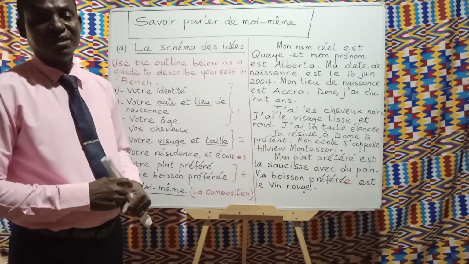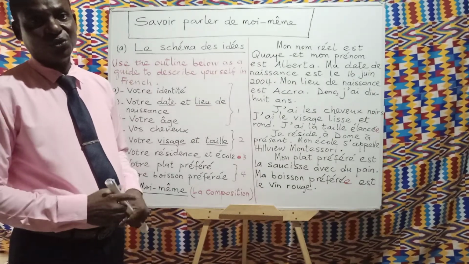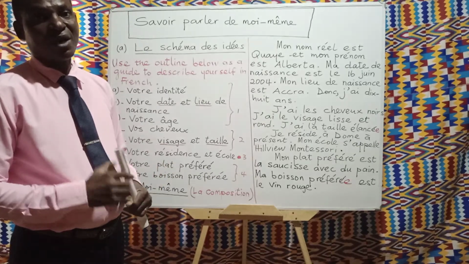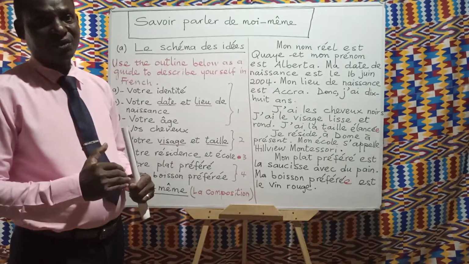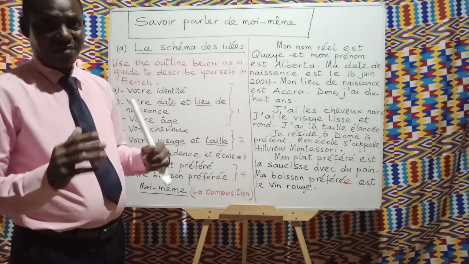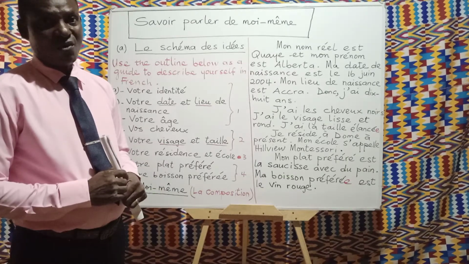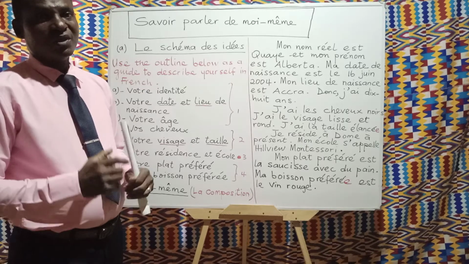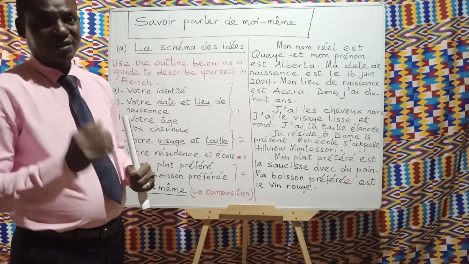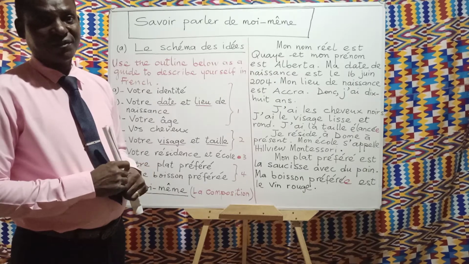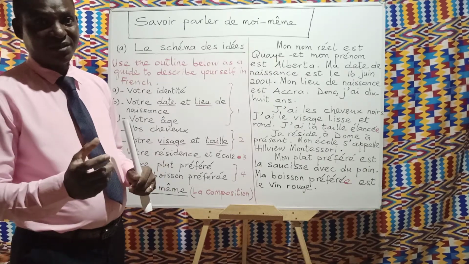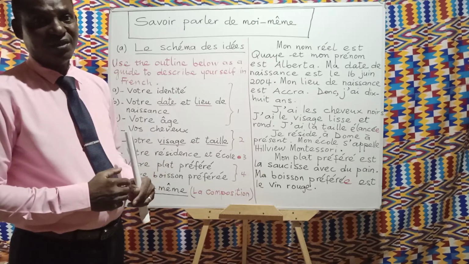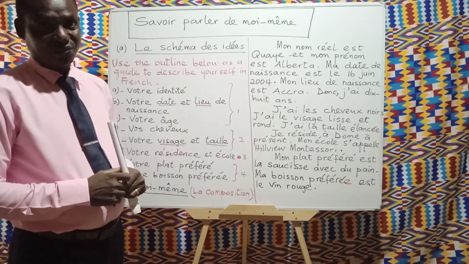Le schéma des idées has to do with the plan that you have to follow to come out with a piece of work about yourself or self-description. Now, when you are a BEC candidate or intermediate or any other level, this guide will help you.